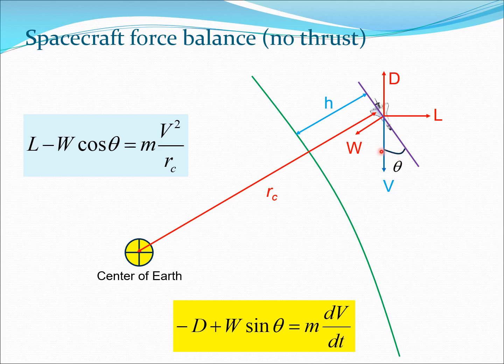So remember this angle is theta here, so I can take this angle to be theta, and so W sine theta is in this direction. Now the second equation I get is L minus W cos theta, which is in this direction, is m v square by rc. So that is the force acting toward the center of the Earth. So we are going to be dealing with this equation in yellow today. That's the main equation we have to keep in mind.